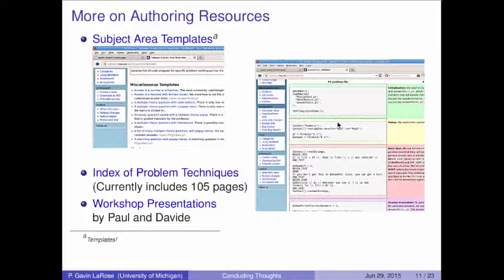Paul is almost solely responsible for the first, and he gives you a whole host of really nice basic templates, with PG and PGML versions of each. They give you a way to do essay questions, different multiple choice options, and templates for different types of problems like linear algebra or calculus.